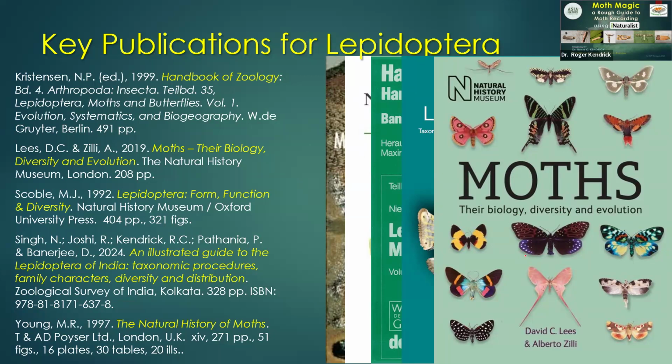I have no commercial interest in these books, by the way, even though I'm a co-author on one of them. But in terms of their validity, these should be on your library shelves, especially this last one, if you're interested in finding out how to understand more about moths. Butterflies as well, but it holds true for moths in particular.